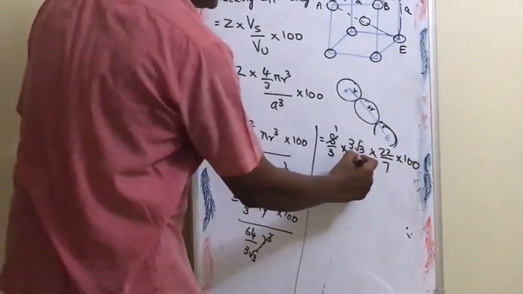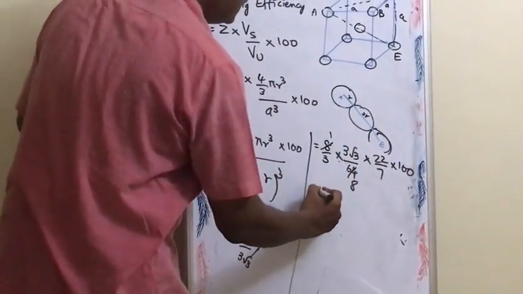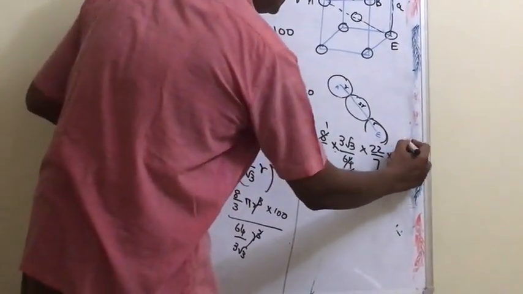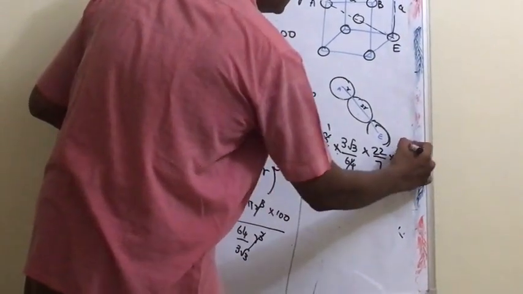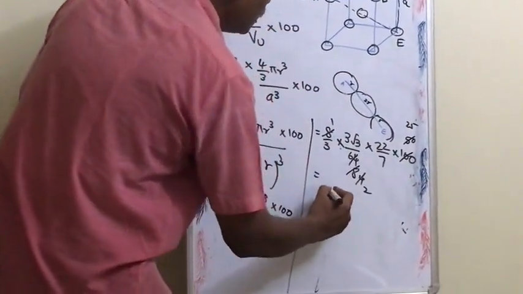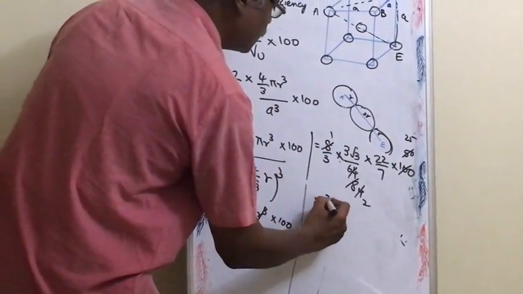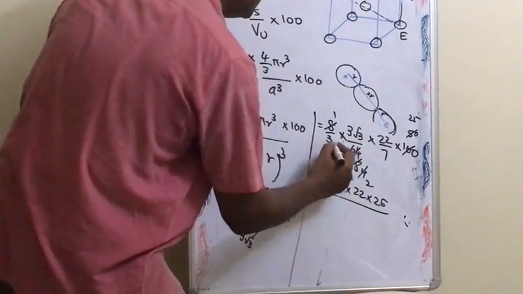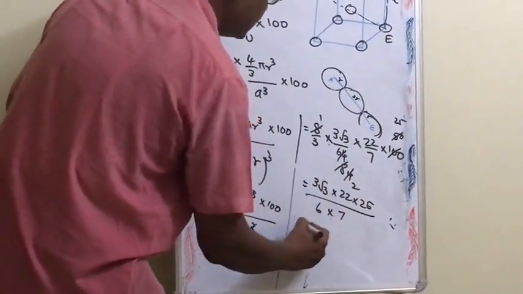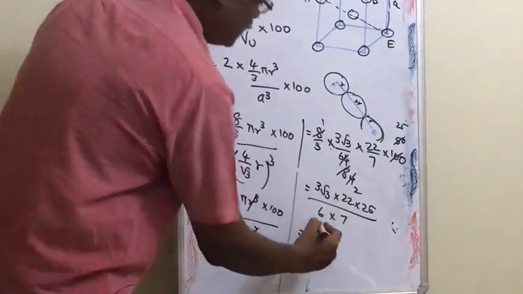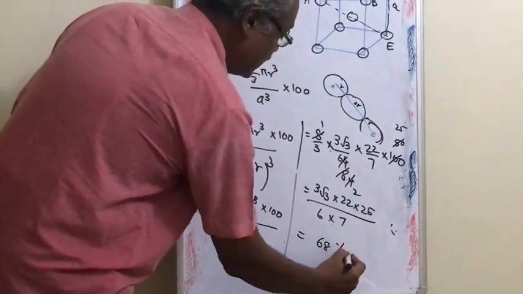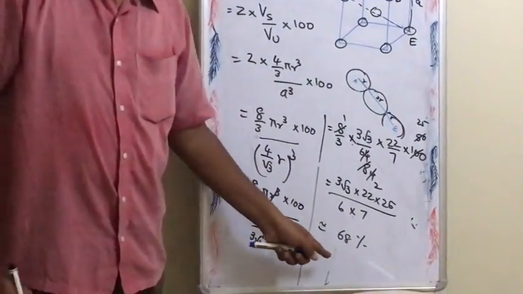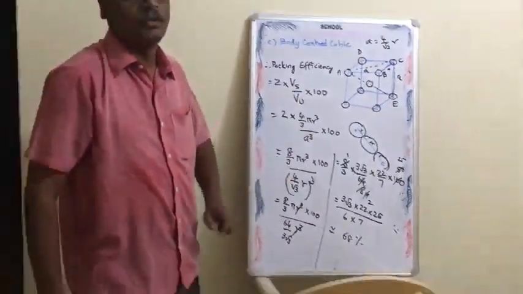Simplifying, we get 3 root 3 into 22 into 25 divided by 3 into 2, 6 into 7. So simplify all this, we are getting the value 68%. Approximately we will get 68% as the packing efficiency for body centered cubic.